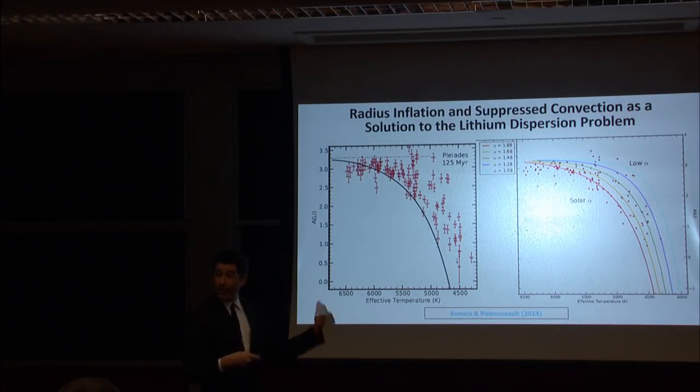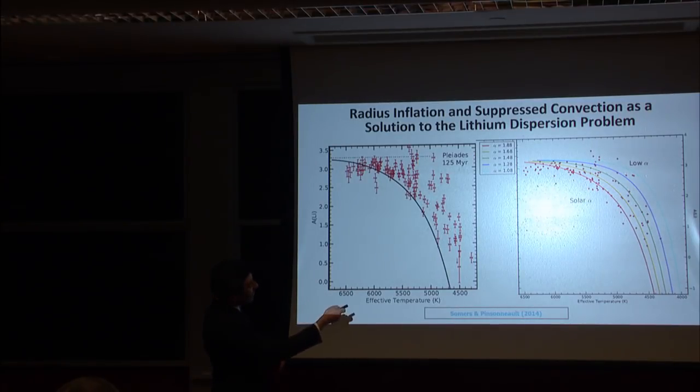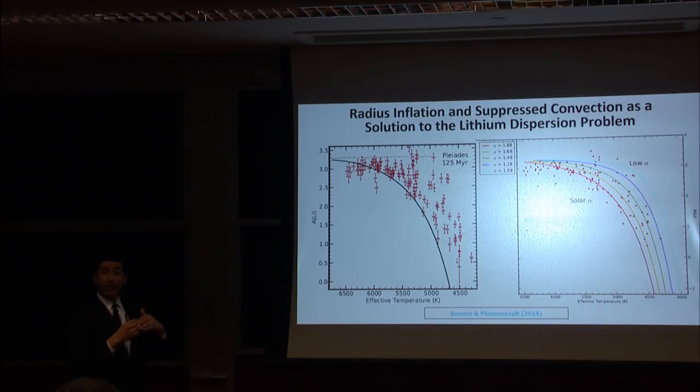And remember I showed you at the beginning that we can explain the young eclipsing binaries that are chromospherically active with an internal mixing of about 1. In the Pleiades, we can now basically fully explain the full spread of surface lithium abundances with a family of solutions where we span this range from solar-like internal mixing to an alpha parameter of about 1 as a function of stellar rotation. Yeah?